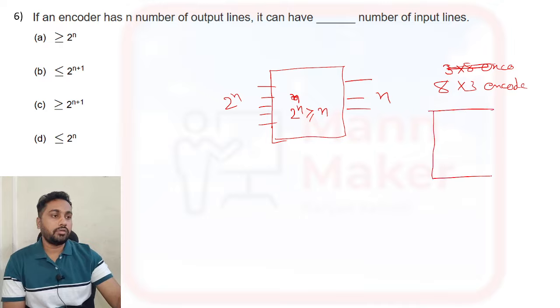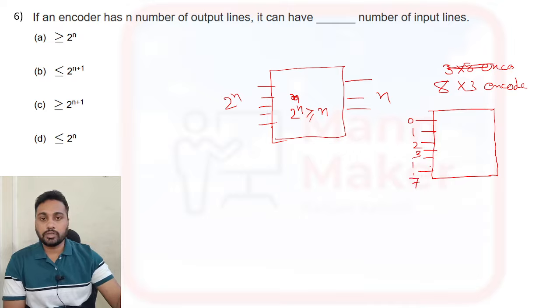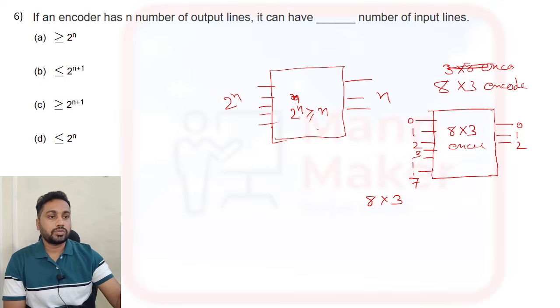In this we have 8 input lines, 0 1 2 3, going up to 7, and it has 3 output lines, 0 1 2. So it is called an 8 into 3 encoder. As I told, the formula is 2 to the power n greater than or equal to n, where this is the input side and this is the output side.